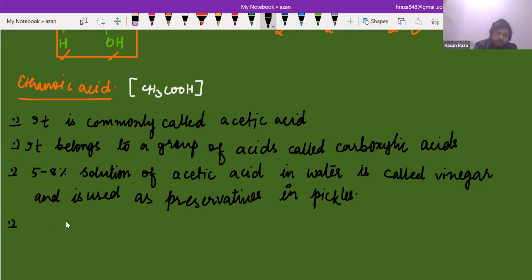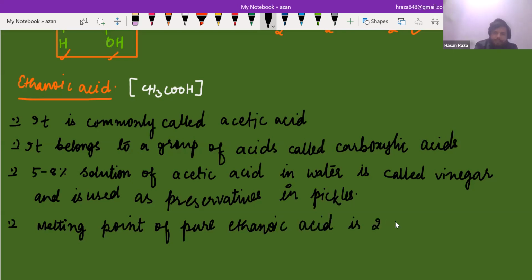We can also write about its melting point. The melting point of pure ethanoic acid is 298 Kelvin.